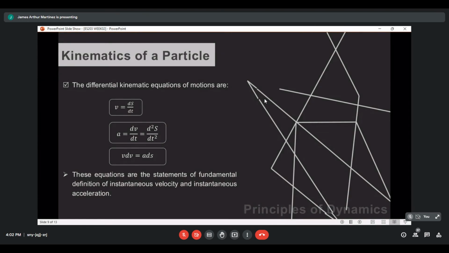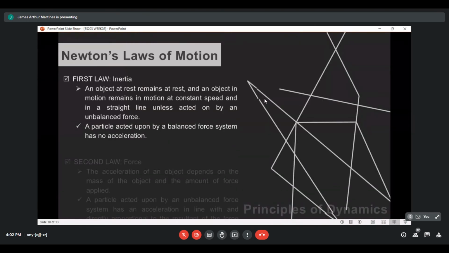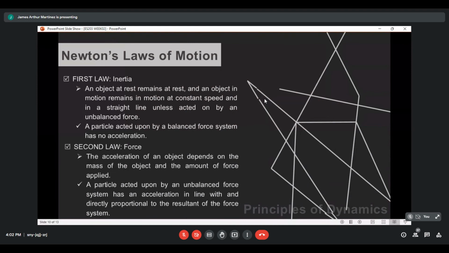Okay. So, for kinetics of a particle naman, as a recap, let us recall Newton's laws of motion first. The first law, or the law of inertia, states that an object at rest remains at rest and an object in motion remains in motion at constant speed and in a straight line unless acted on by an unbalanced force.